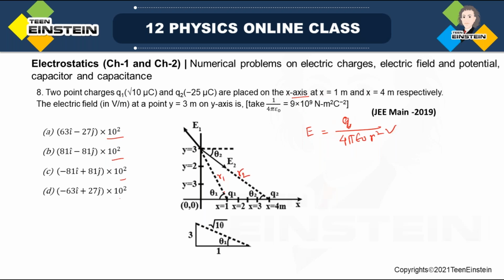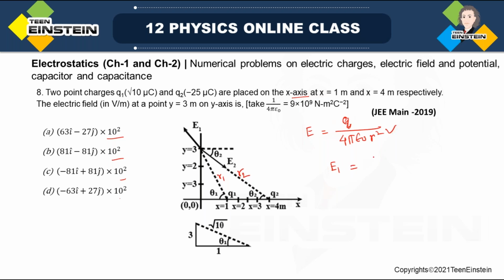Let me first calculate the electric field at this particular point, which is 3 meter away from the origin on the y-axis. Let me just write E1 as a magnitude.